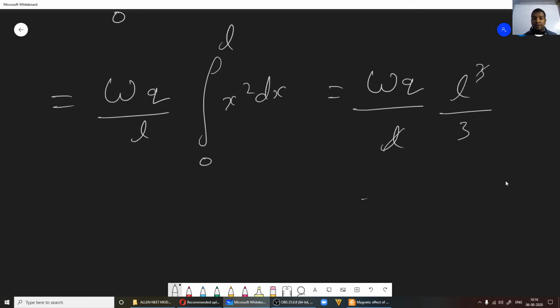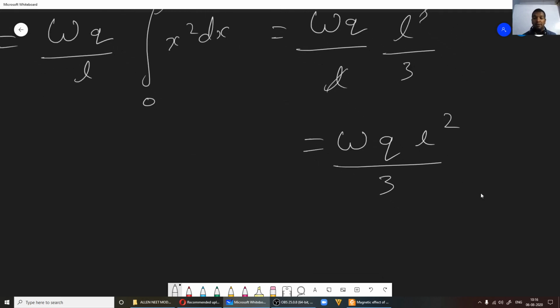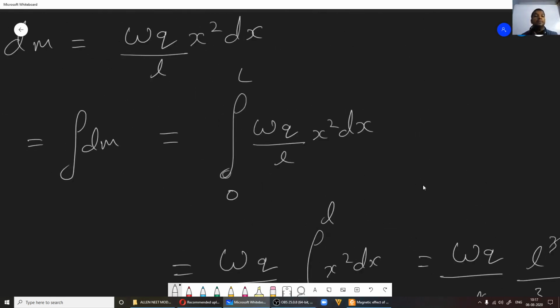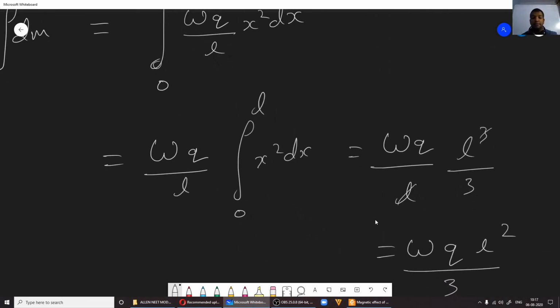So we are left with omega q L square divided by 3, okay. Now you can substitute for omega. Omega will be, yeah, you can say 2 pi, otherwise, right, okay.